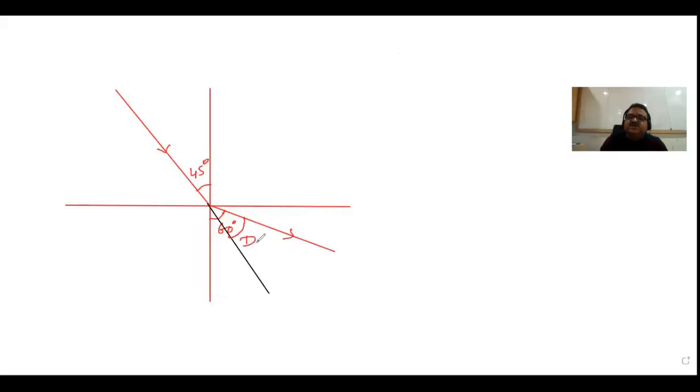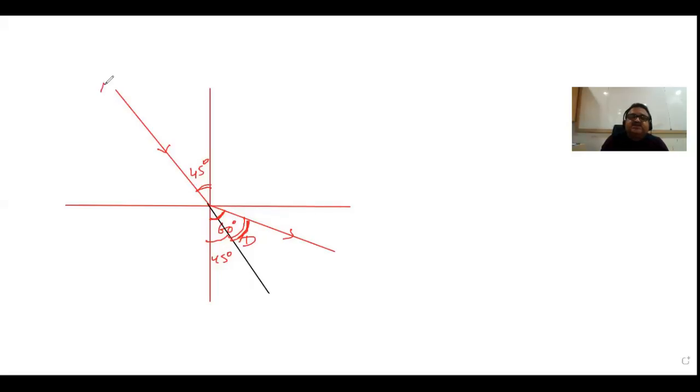Let me denote it by D. Clear? Using simple geometry, this angle is 45 degrees, so this angle is also 45 degrees because these two angles are vertically opposite. And this entire angle is 60. We need to find only this angle.